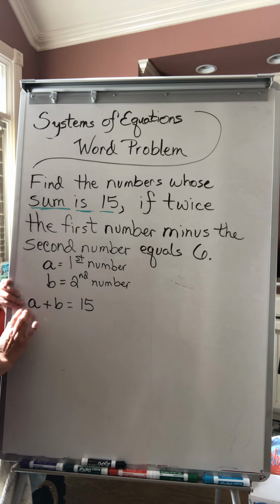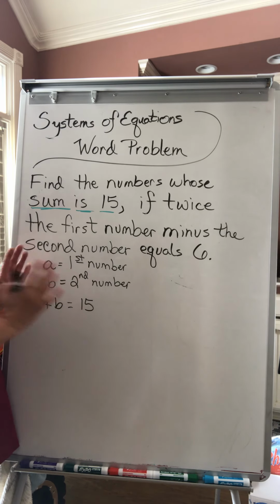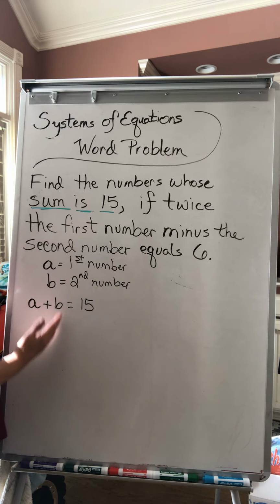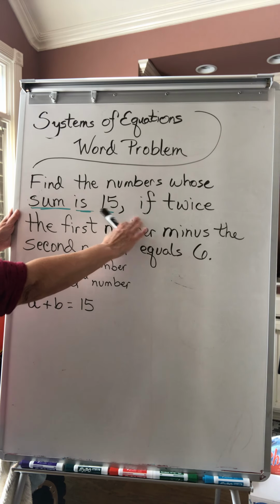But I can't solve for A or B from this equation because I need to know one or the other of those. Well, by using a system of equations, I can cancel out one of my unknowns and solve for the other one. So let's look at the second part.